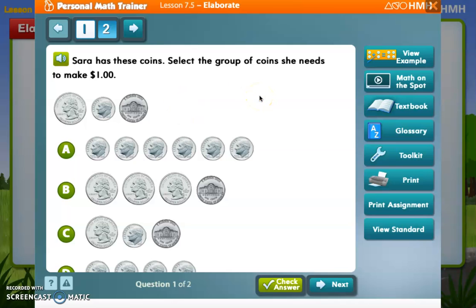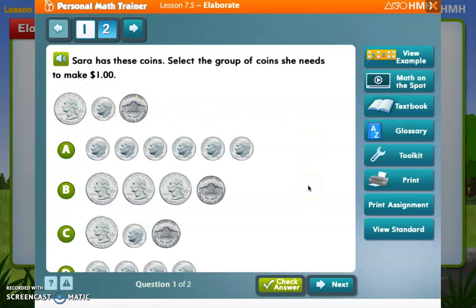So if you take 100 cents, which is the same thing as $1, and you subtract 40 cents from it, you should come up with 60 cents, right? So that's how much more Sarah needs to make $1. She has 40 cents, so in order to make $1, she's going to need 60 cents. So that's what we're going to be looking for in this problem.